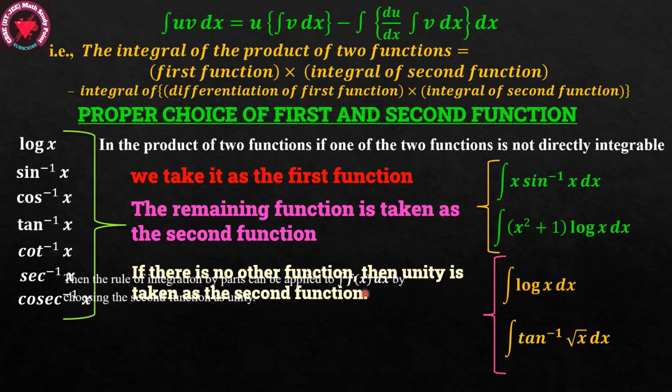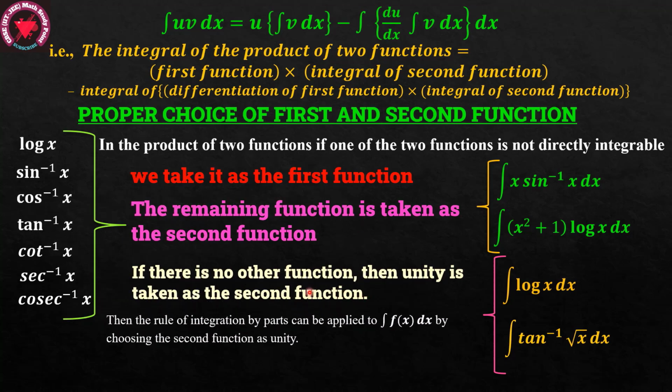Suppose we take 1 as the second function, then the rule of integration by parts can be applied to integral f of x dx by choosing the second function as unity. That is, integral f of x dx can be written as integral f of x into 1 dx. If we apply the by parts rule here, the first function is f of x, into integral of the second function; the integration of 1 is x.